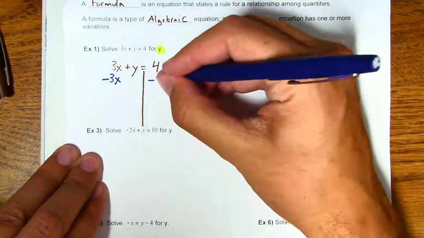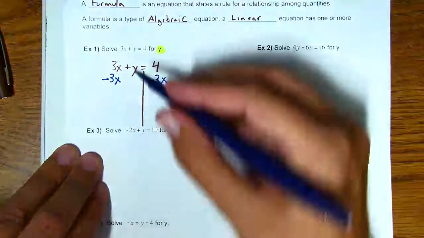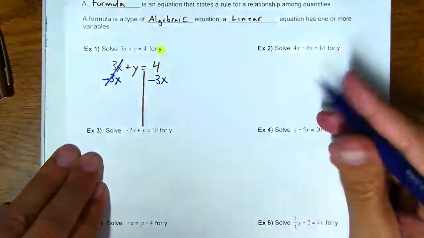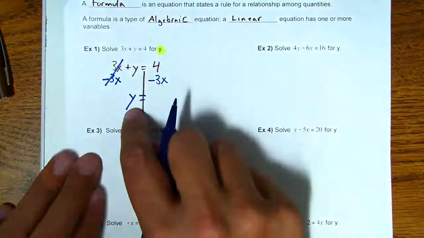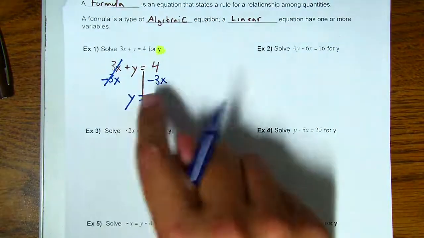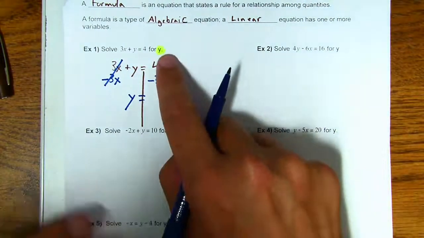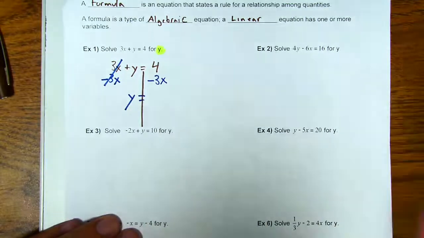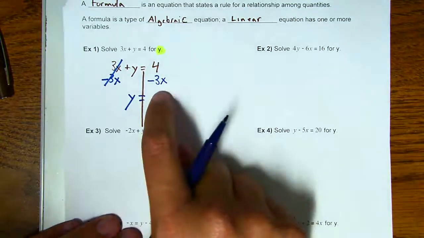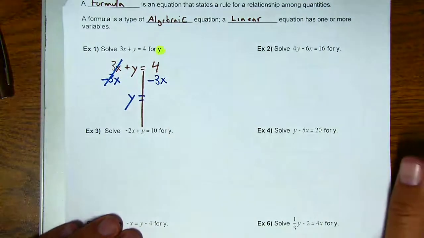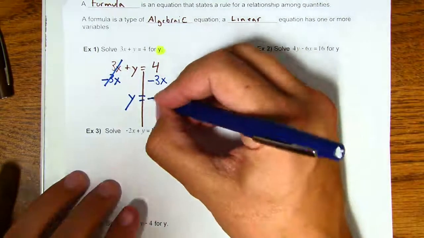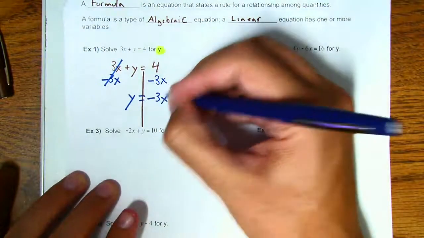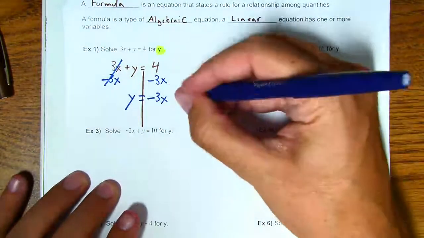So this 3x is going to cancel here, and I'm going to get y over here. My y is alone. That's great. But I can't combine 4 minus 3x because, remember algebra tiles, x's cannot be combined with numbers. Well, guess what? We don't have to do any more math. All we're going to do is write out negative 3x and our positive 4.